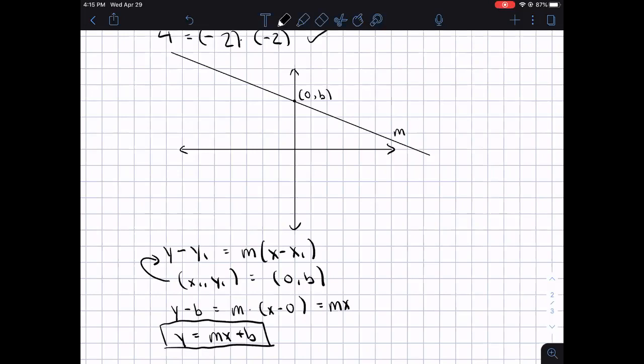And this is called slope intercept form. The reason why this is called slope intercept form is because b is called the y-intercept, or the point at which the line passes the y-axis.